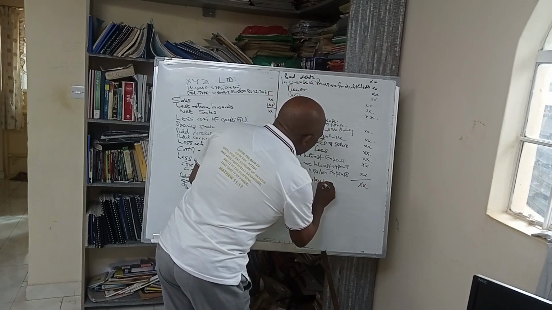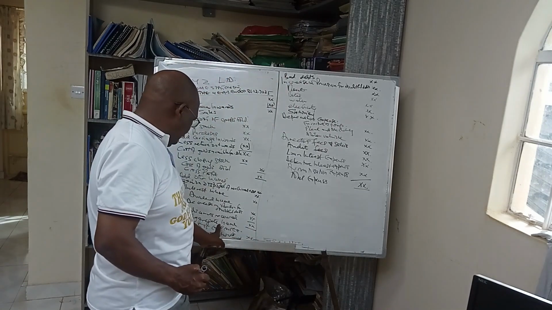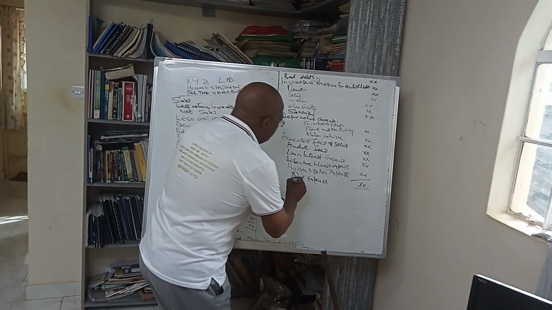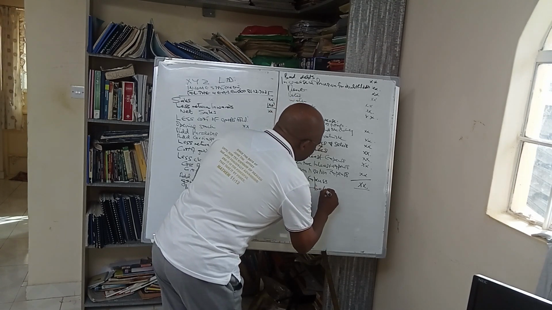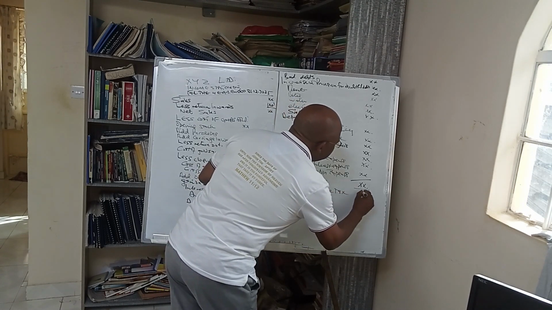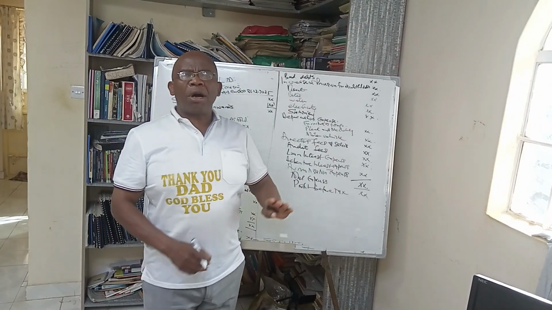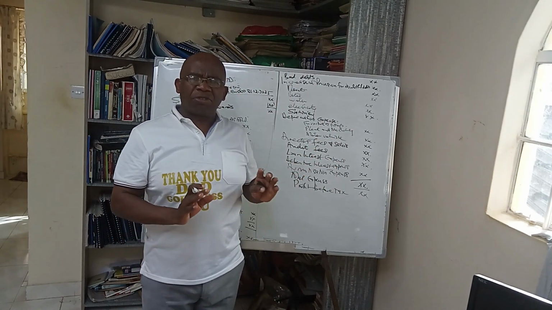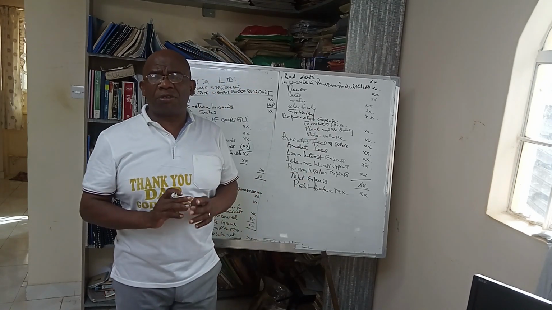Once you get total expenses, you subtract from the aggregate income, you get profit before tax. Please mark this. In sole proprietorship and partnership, we talk about profit for the year. Here we are saying profit before tax.